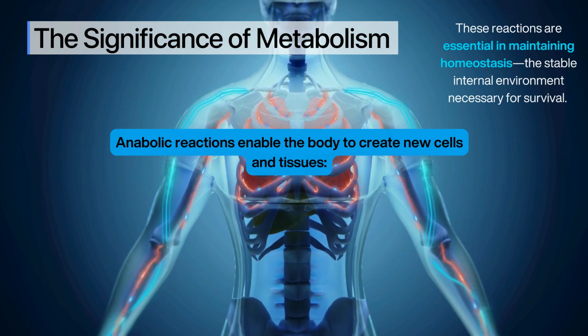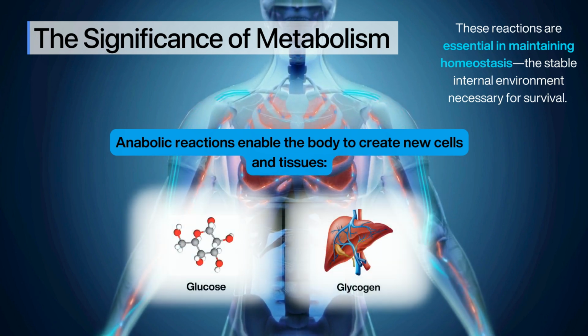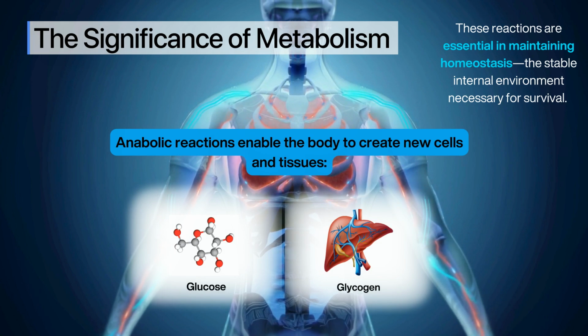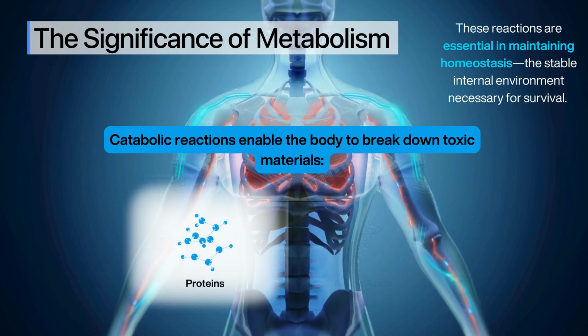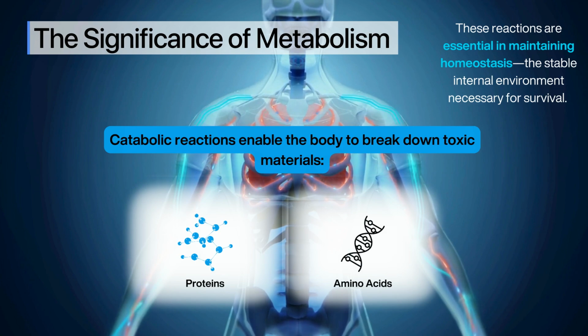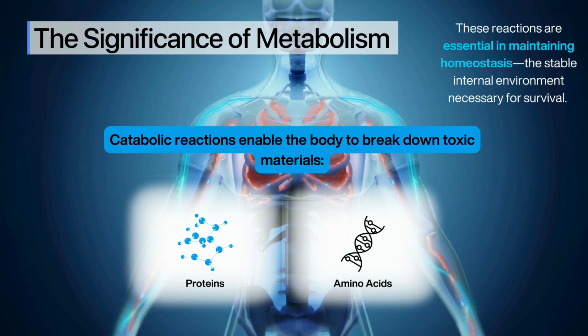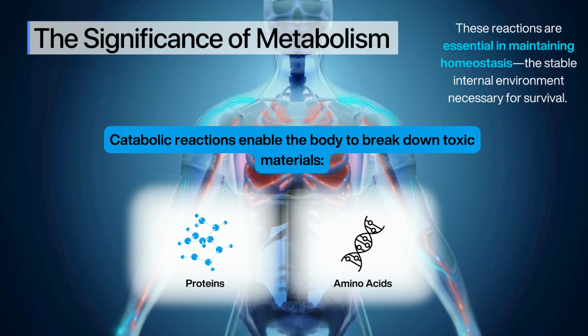As we have seen, anabolic reactions are involved in converting glucose into glycogen in animal cells, as well as numerous other processes. Catabolic processes, such as the breakdown of proteins into amino acids to form urea, are essential for detoxifying the body. Without such reactions, the body would not be able to transport or remove toxic nitrogenous wastes.